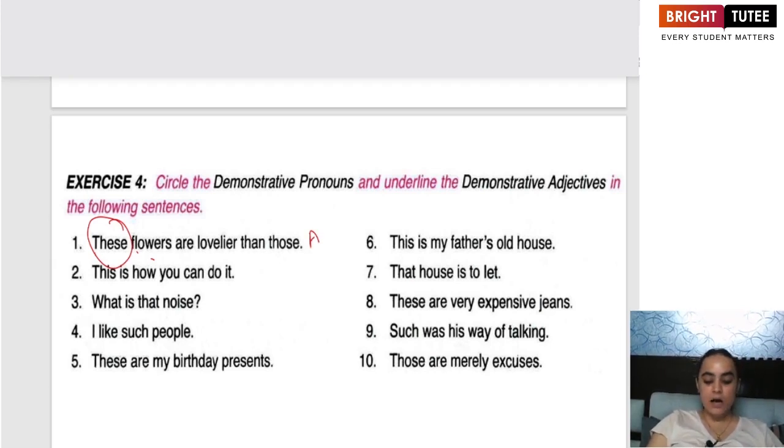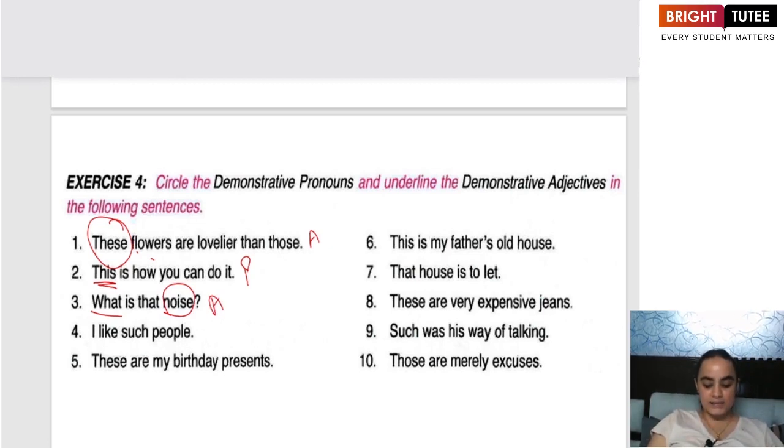This is how you can do it. This is independent of noun, so this is a pronoun. What is that noise? That noise. Noise is the noun, that is with the noise, adjective.